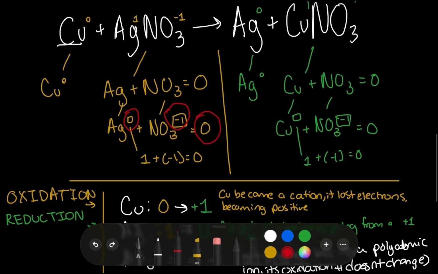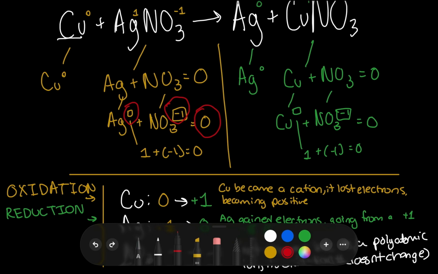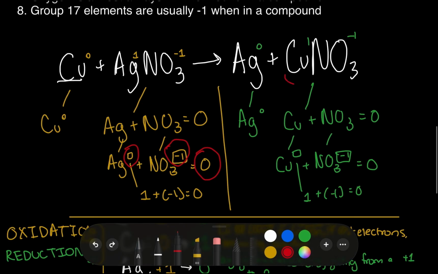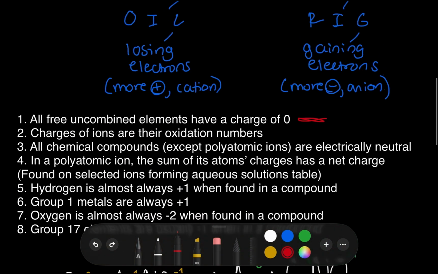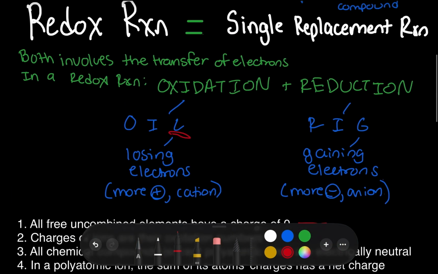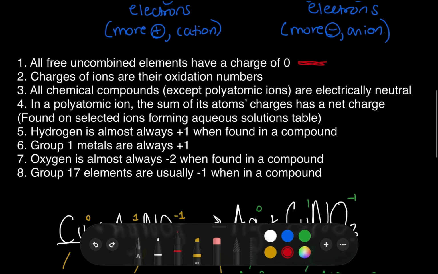We start off, copper is at 0, but then after the redox reaction, copper ends up having a charge of +1. So what's happening is that copper became a cation. It lost electrons, becoming positive. So this is oxidation, because remember, OIL: oxidation is losing electrons, becoming more positive, becoming a cation.